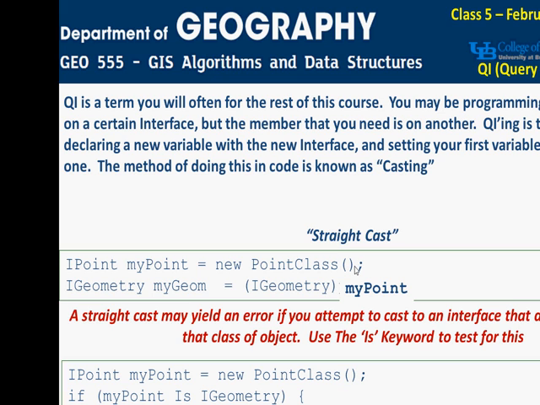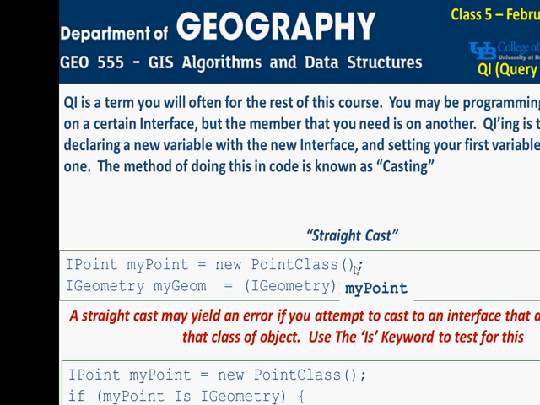So to cast, what we do is we create a second variable. I called it myGeo there. We create the second variable with the second interface that we have an interest in. And then on the right-hand side, we put, this seems so redundant, and it is. So that's the nomenclature. You put the interface you're casting to in parentheses, and immediately following that, the original object.